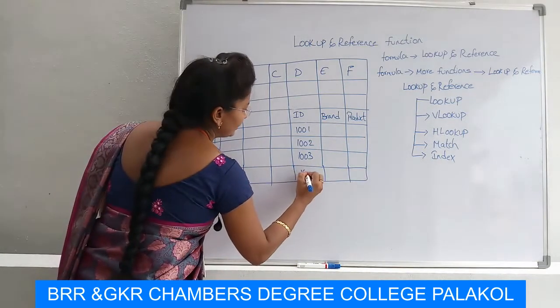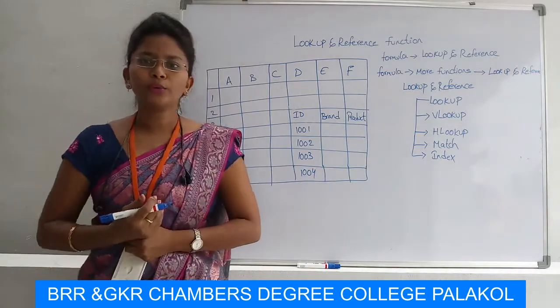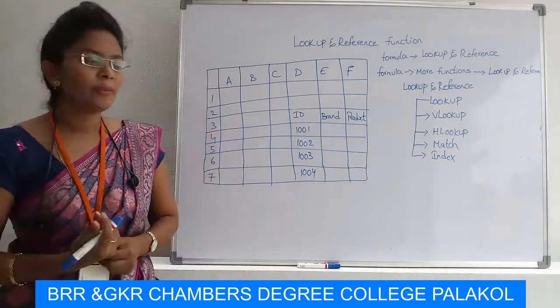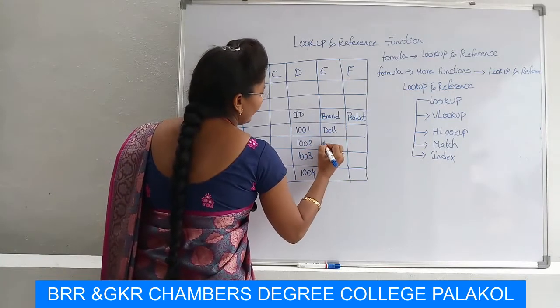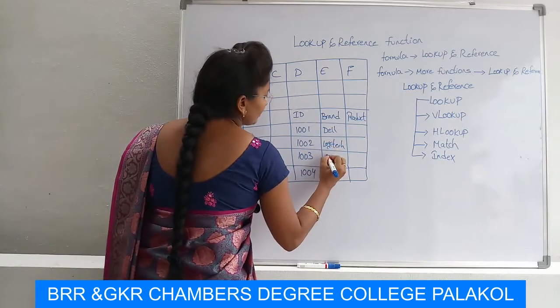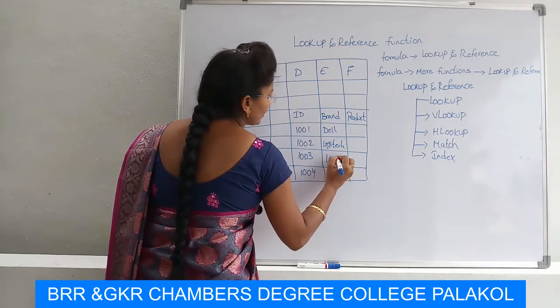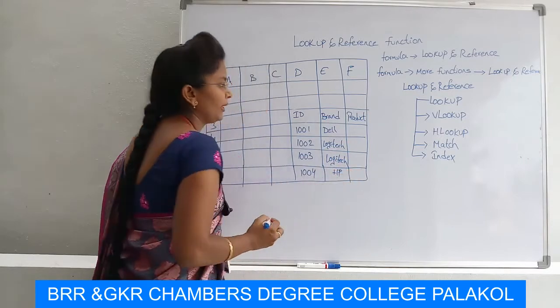And then 1004. What type of brands I have to enter means here I am entering the Dell company and Logitech, same Logitech here also, and then HP company.